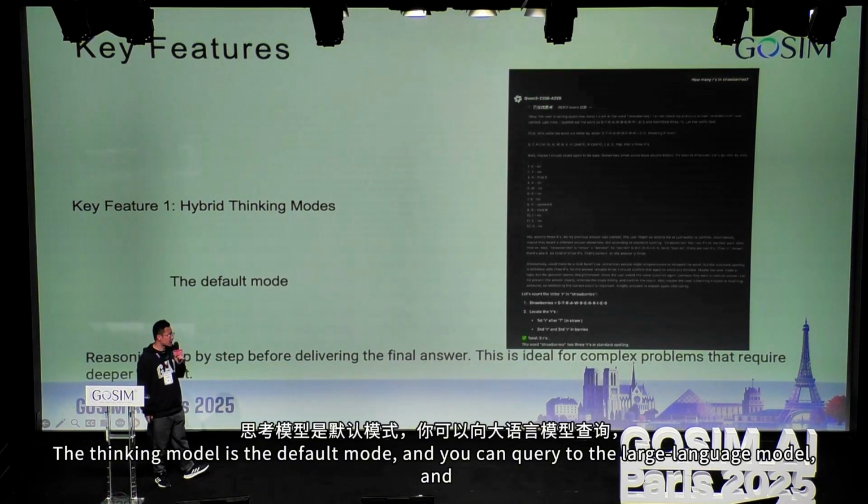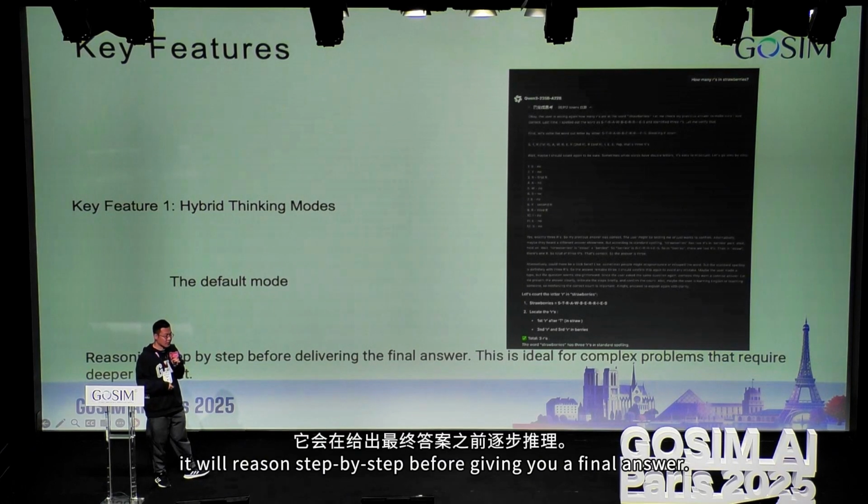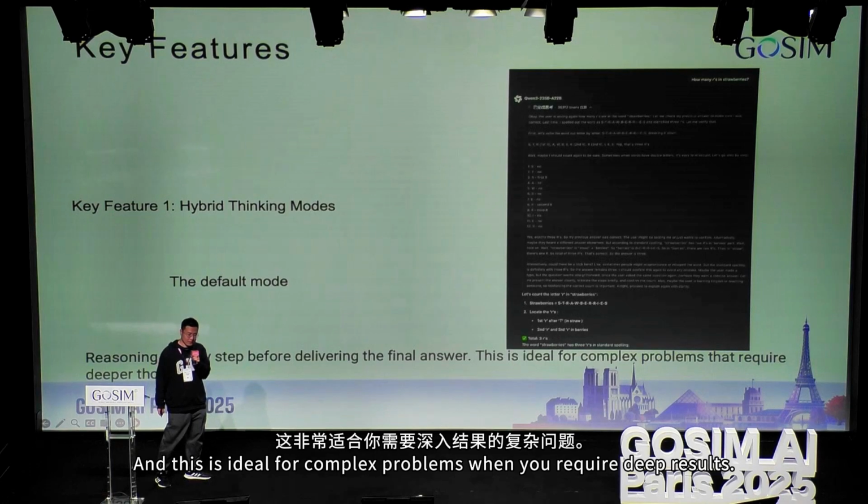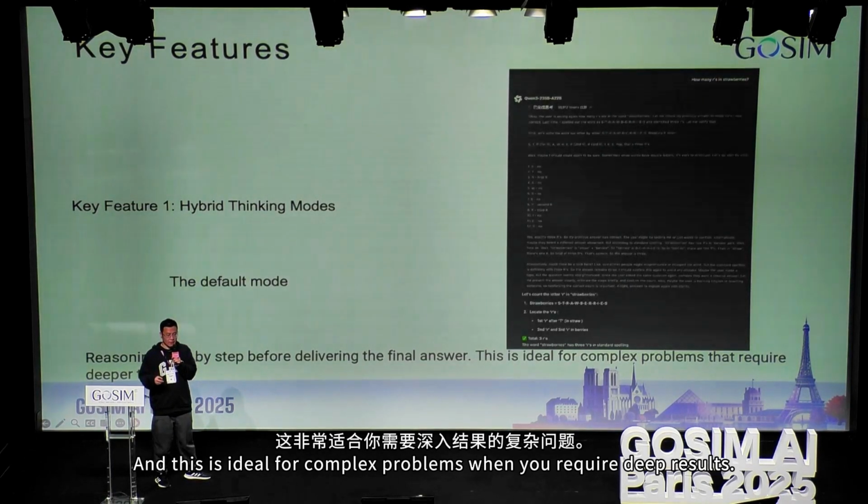The thinking mode is the default mode. You can query the large language model, and it will reason step by step before giving the final answer. This is ideal for complex problems that require deep thought.